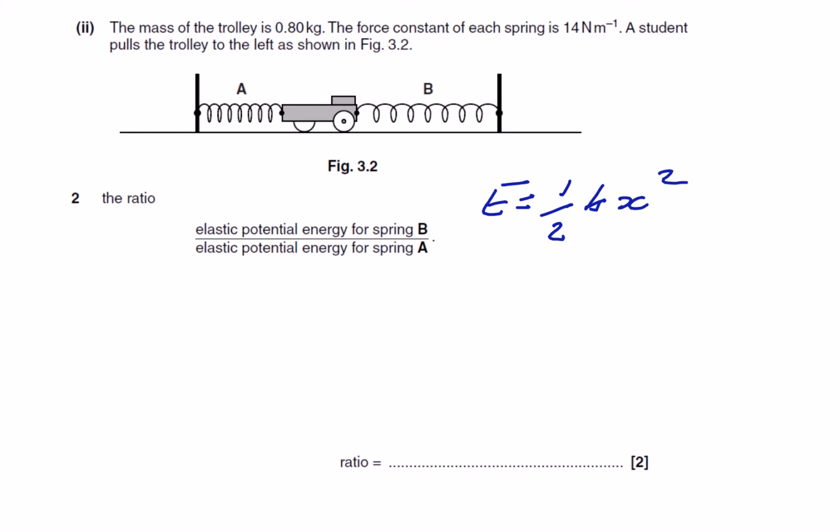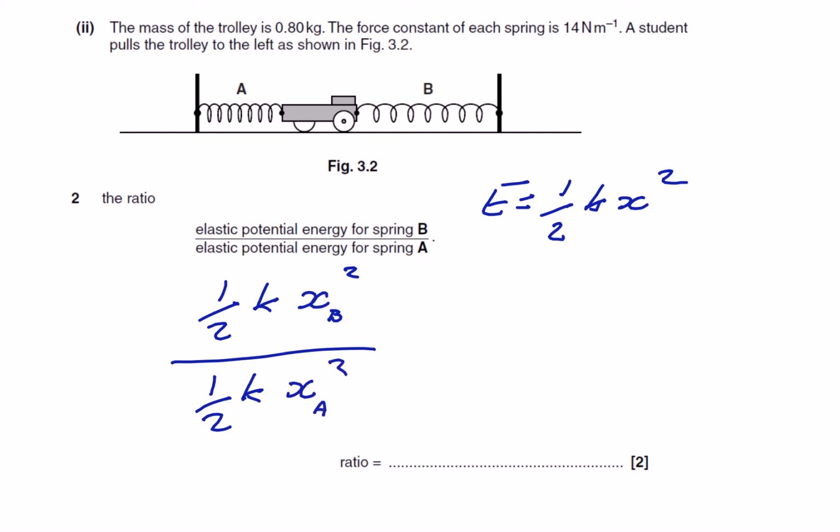Because this is a ratio of the two, effectively I'm going to be going 1/2 k x of B squared over 1/2 k and the extension of A squared.